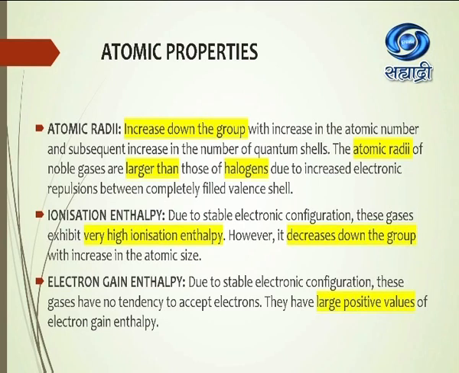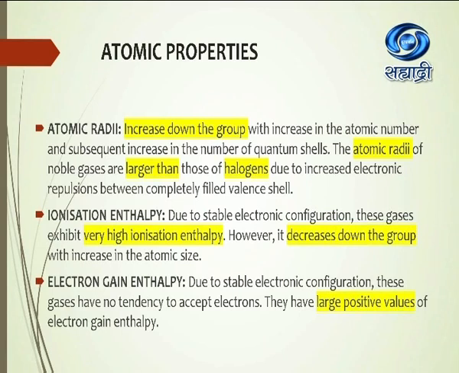The next is ionization enthalpy. Due to the stable electronic configuration, these gases exhibit very high ionization enthalpy. So octet arrangement is complete in the outermost shell. So s orbital and p orbitals are filled to the capacity.